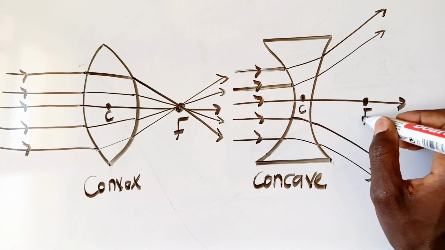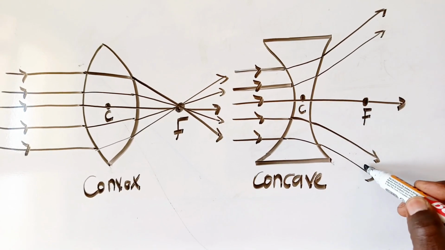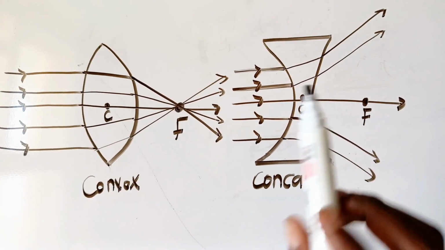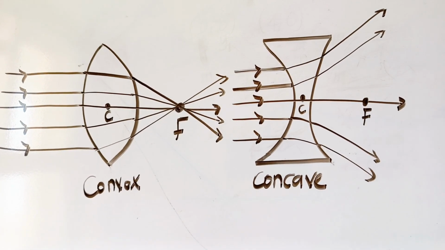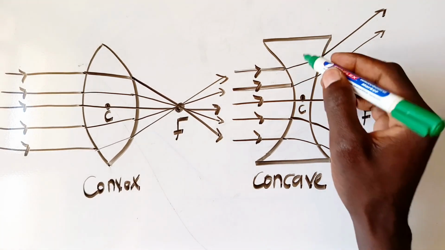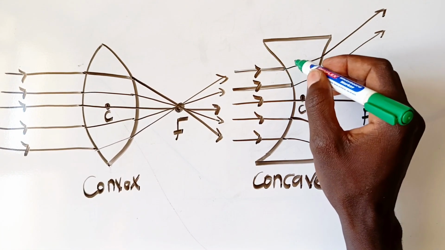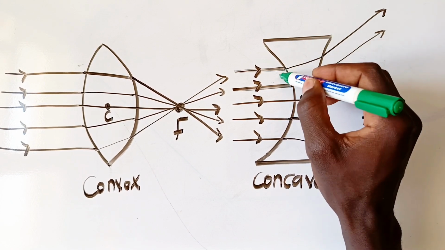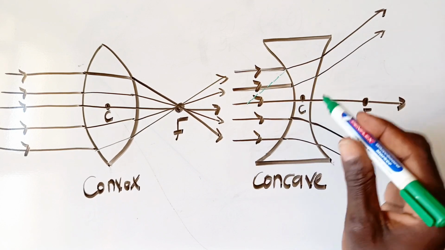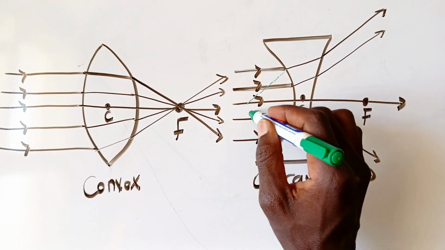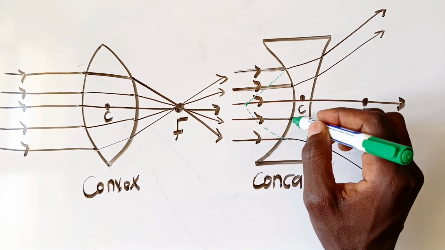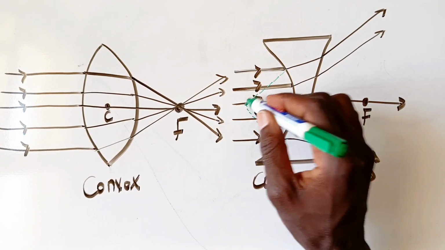The focal point will still be there, but they won't pass through it, because their focal point instead comes out like this. Check it out. Their focal point comes from this side now, like that. So they end up meeting from the back.